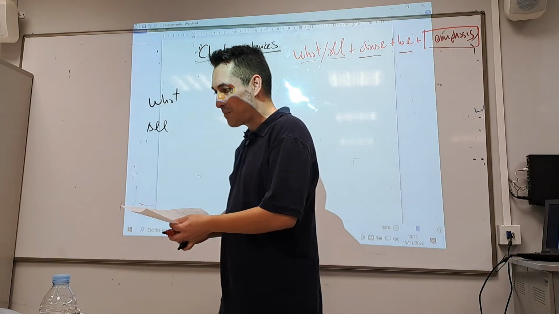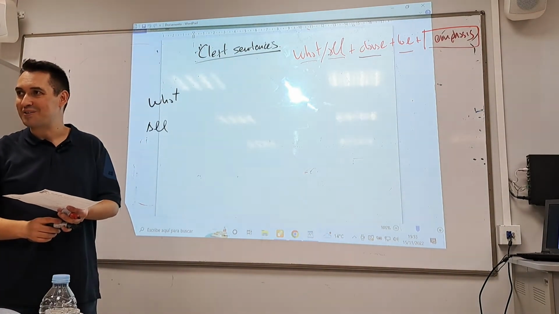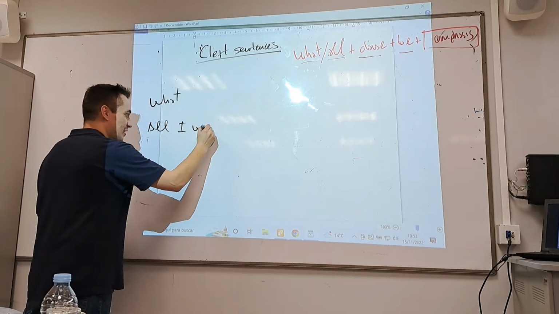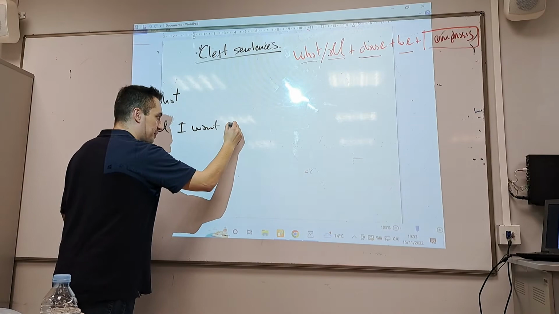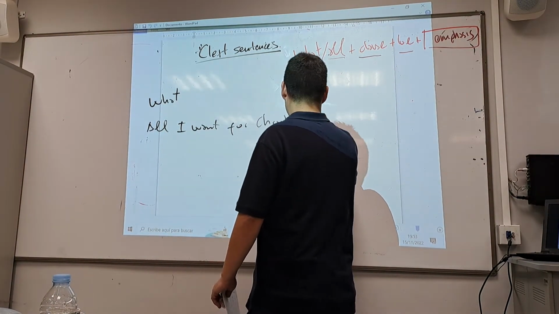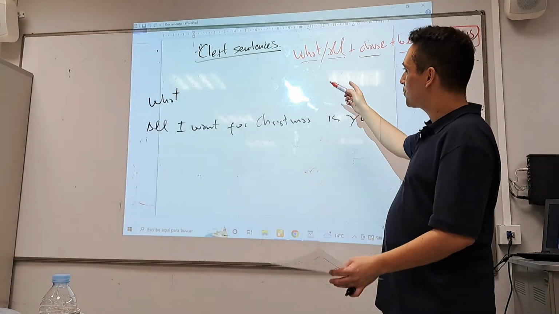You know this famous Christmas song, All I Want for Christmas? What is it, Leon? Tell us. All I want for Christmas. Very good, for Christmas is you. All I want for Christmas is you. So you have everything.